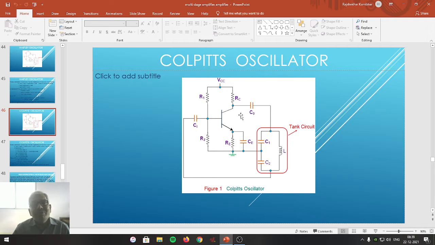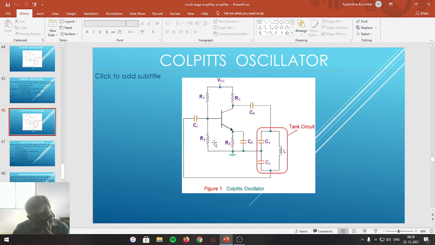From the point of view of construction, we can say the Colpitts oscillator consists of a transistor in common emitter configuration whose operating point is adjusted exactly at the center of the load line in the active region by providing the necessary bias current with the help of a voltage divider arrangement formed by resistances R1 and R2.